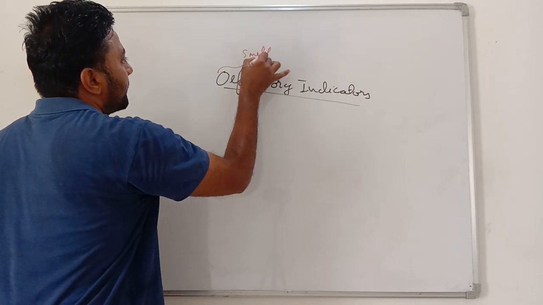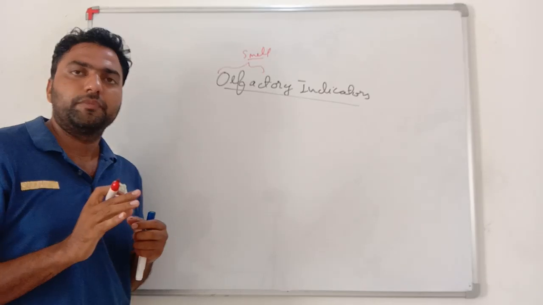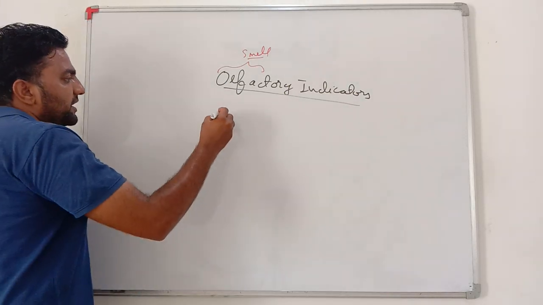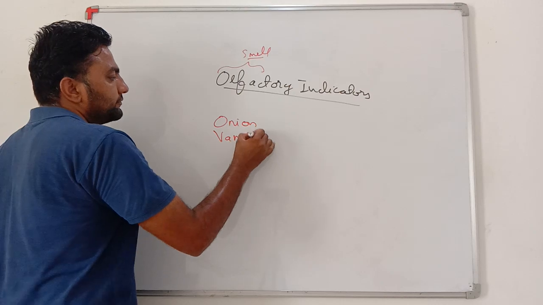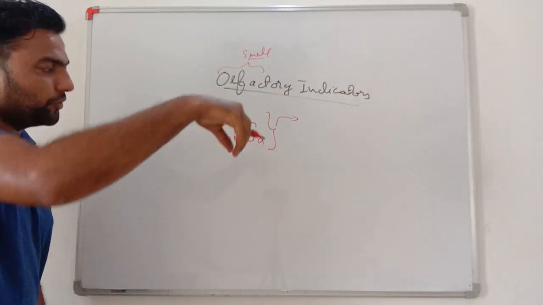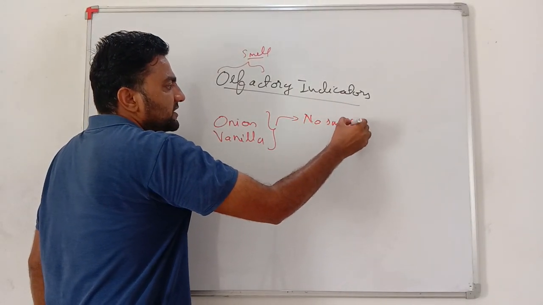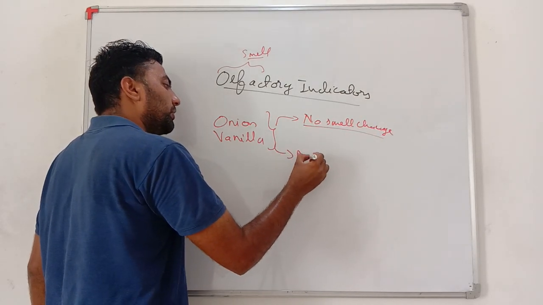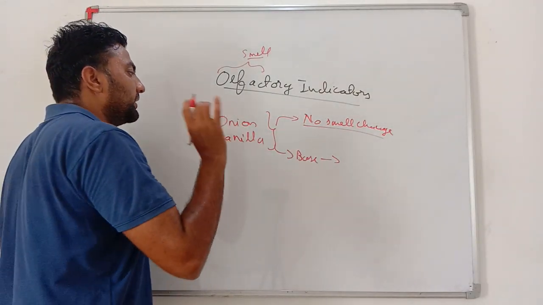See my dear students, many materials change their characteristic smell, or lose their characteristic smell, in acidic or basic nature. Best example is onion and vanilla. When any acid is put on onion and vanilla, there is no smell change. But if base is put on them, they will lose their original smell or characteristic smell.